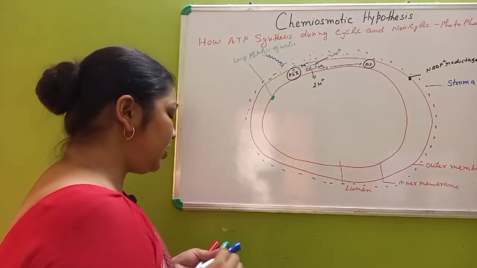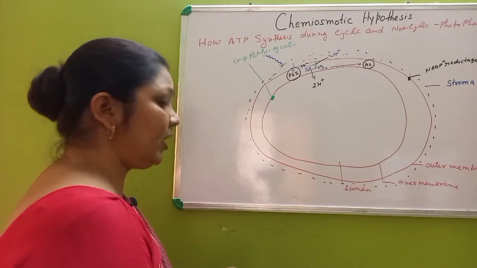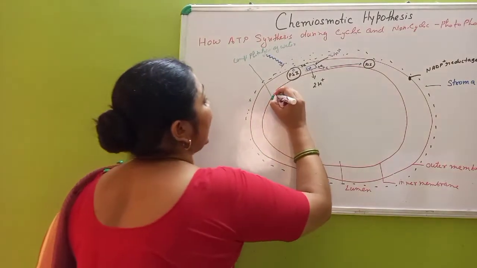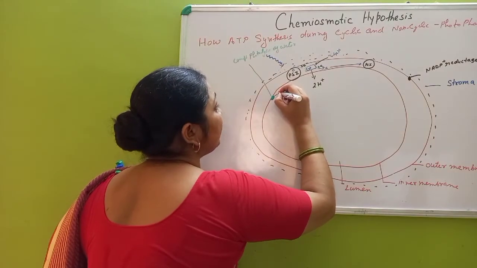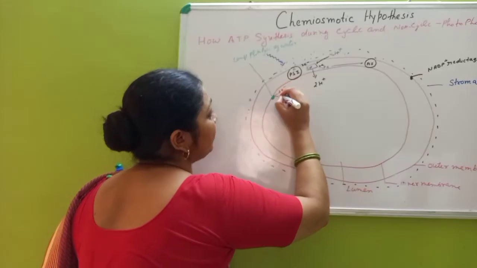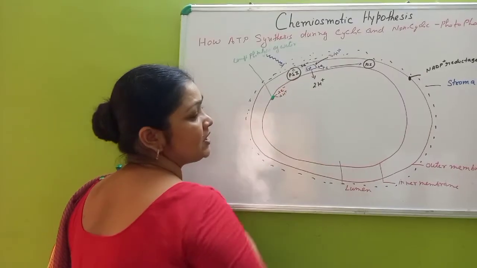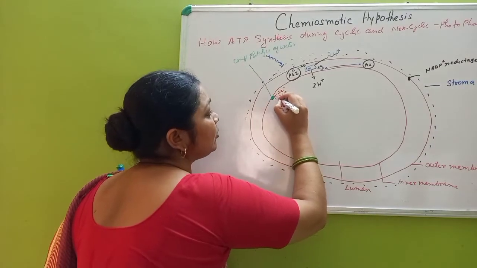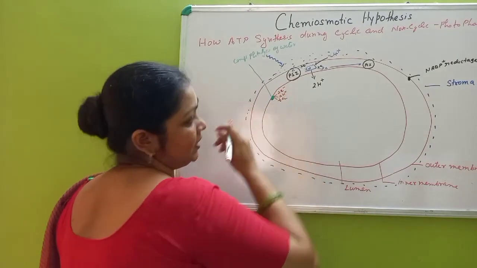So if photolysis of water occurs, three things are released during the photolysis, we all know that: a pair of electrons is released, then a pair of protons is released, then the third thing is a molecule or half O2 is released.